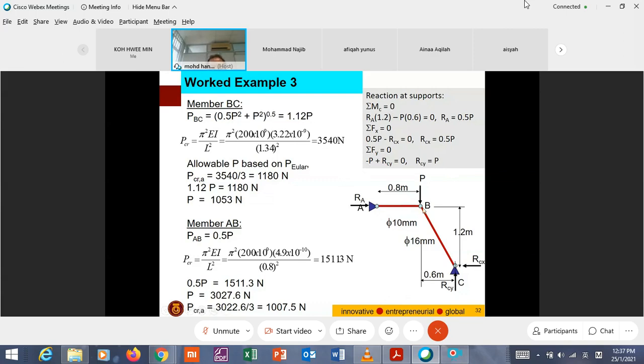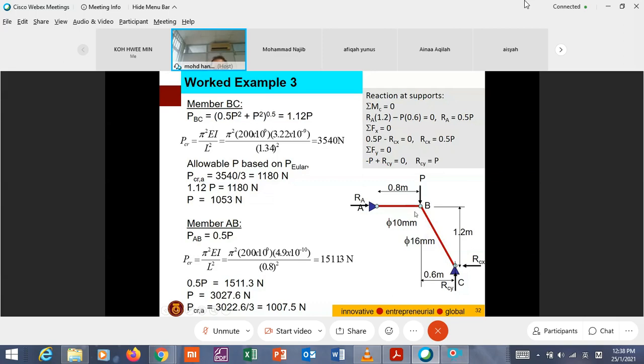You have two members, AB and BC. Both members are in compression. Sorry, I didn't put the compression sign convention here. So both members are liable to buckling.